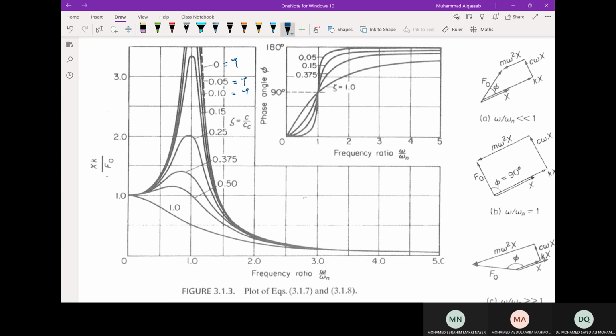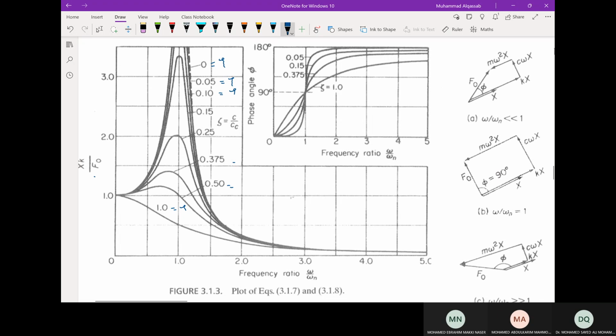Only some of them are shown here because you cannot show all, because there's an infinite number of zetas. So these samples are shown here. Zeta equal to 1, zeta equal to 0.5, 0.35, 0.375, 0.25, 0.15, and so on. And also the phase is plotted versus the frequency ratio for different values of zeta.